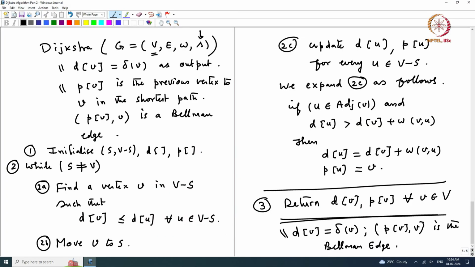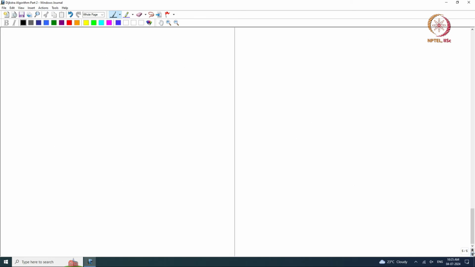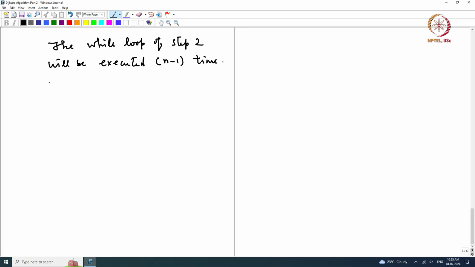Okay. Notice that S initially had only one vertex and you are moving one vertex in each iteration. Therefore, the while loop of step 2 will be executed n minus 1 times. What is n?